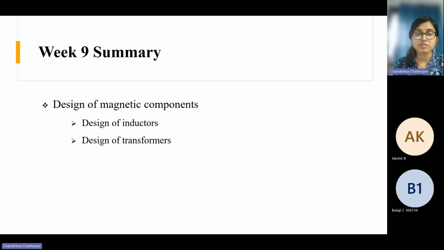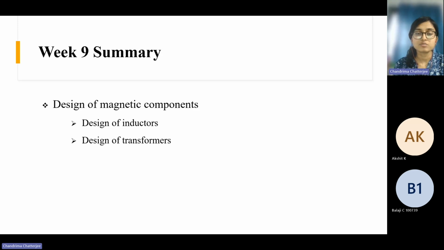And in the isolated converters, forward or flyback converter, there were inductors as well as transformers, because they are isolated, so there will be one high frequency transformer. So it is essential for us to know how to design the inductor and the transformer, right?